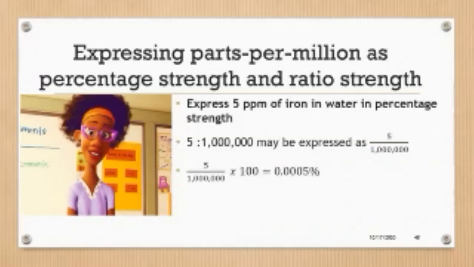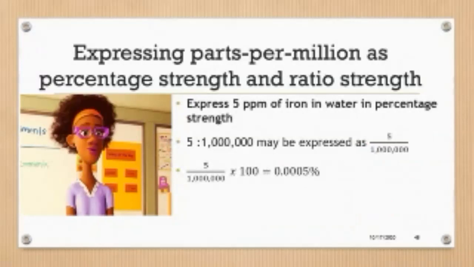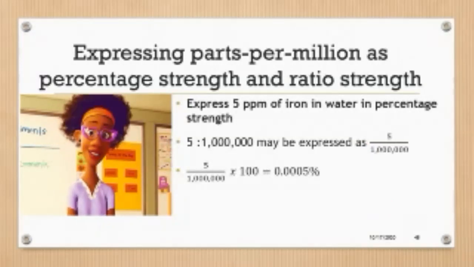So, we are going to apply the knowledge that we know. We know that 5 parts per million is indicative of 5 grams of the iron in 1 million mils of water, right? So if you know that, you already have your ratio strength.